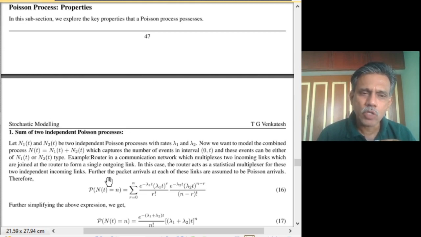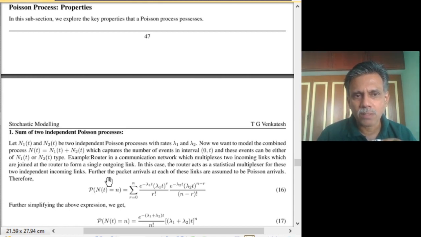And because the individual processes n1 and n2 have independent increments, the combined process will also have independent increments. The number of arrivals over two non-overlapping intervals of the combined process again will have this independent nature, that occurrence of events in one interval is not going to influence the other one.